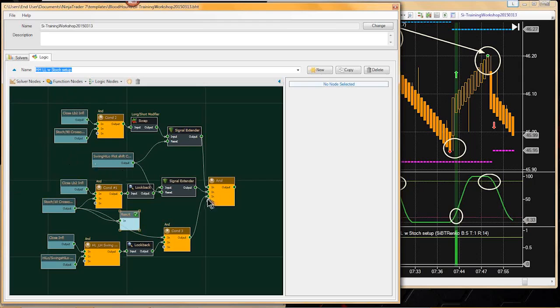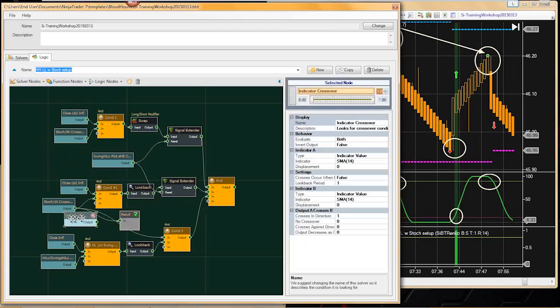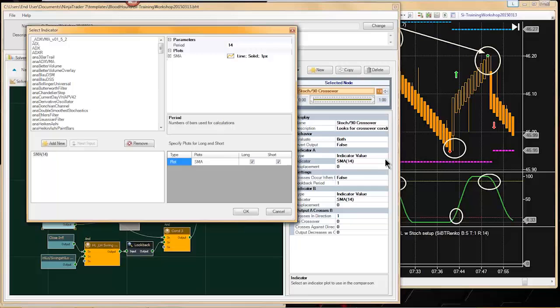So let's grab that crossover. All right, so we're looking for the crossover to cross the 90 value, the 90 threshold.